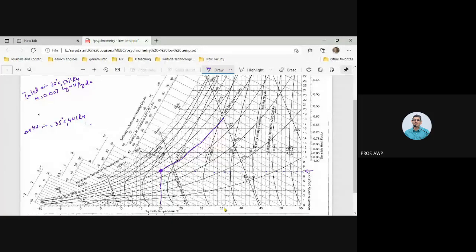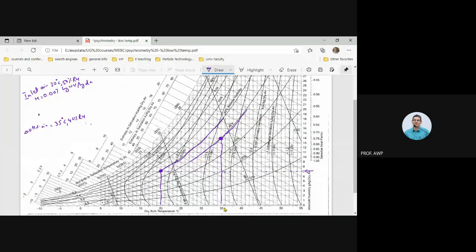Okay, so outlet air is 35 degrees centigrade, 40% RH. Where are we? 40% RH is this line, and 35 degrees centigrade is this line. That means we are here, right?